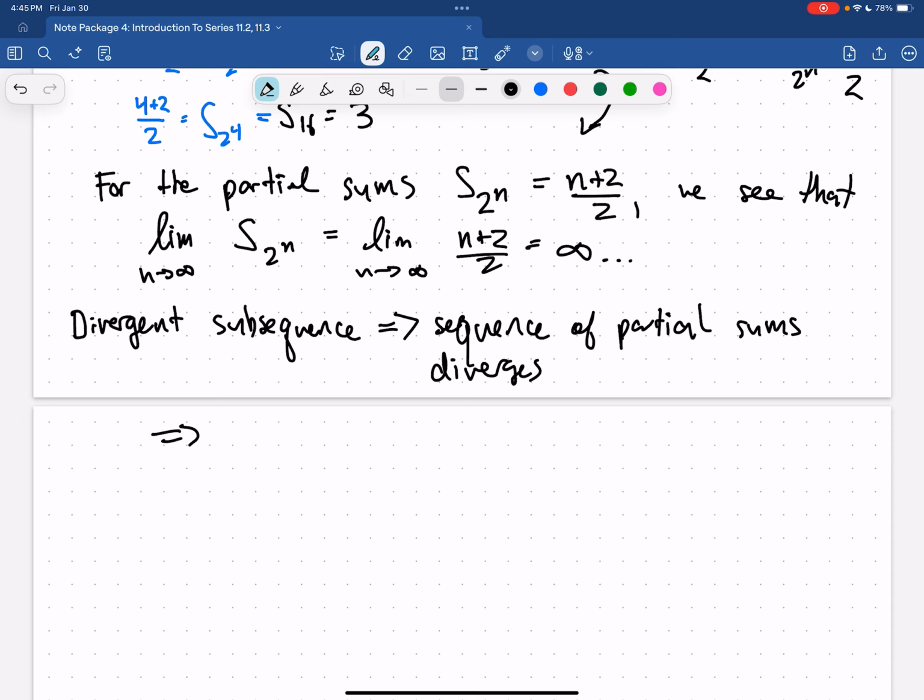Which means that that series we were looking at, that was 1 plus 1/2 plus 1/2 plus 1/2 and so on, this series diverges.